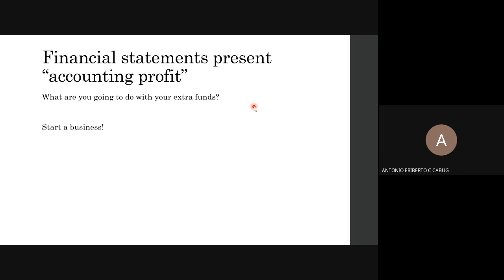Say for example, you projected that your sales revenue will be 1 million. Assuming you have extra funds, you may want to start your business. Sales revenue would be 1 million, accounting expenses 700,000. It will give you an accounting profit of 300,000.